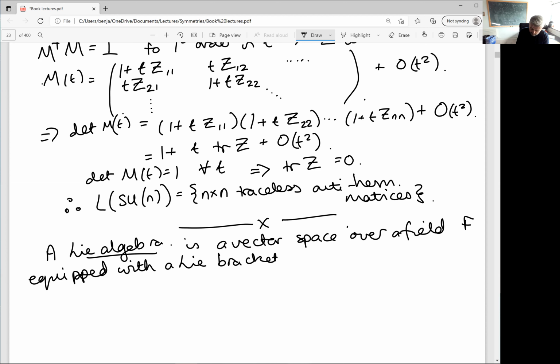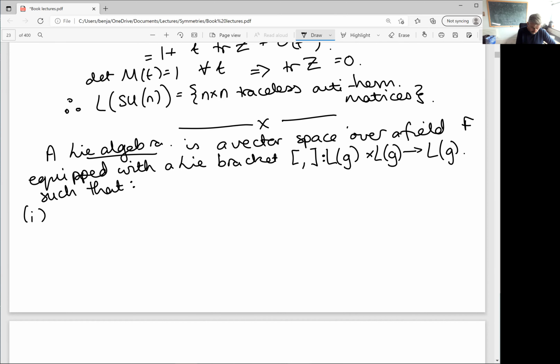And we're going to write the Lie bracket like we would some commutator, so it's square brackets with a comma in it. And what this does is it maps from two Lie algebra elements, corresponding to some group elements, to a single Lie algebra element, such that 3 conditions are met.